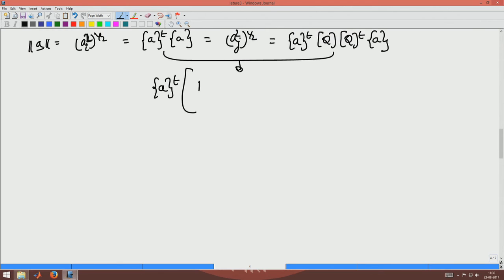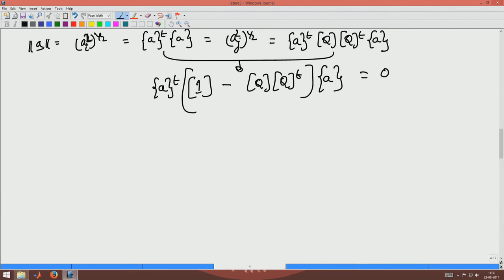We will see what this is in a short while. Q transpose Q times A has to be equal to A.